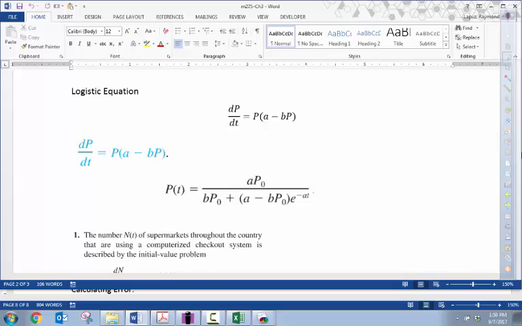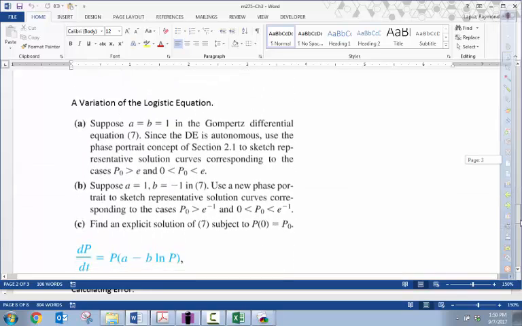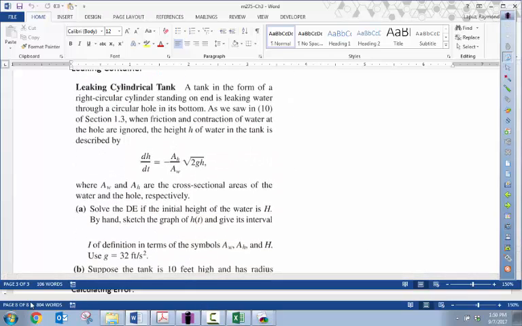No, because these things are solvable somehow, some way. In fact, if you read through the chapter, they'll show you the application and then they'll tell you how to solve it. That's in 1.3, right? Let's see.